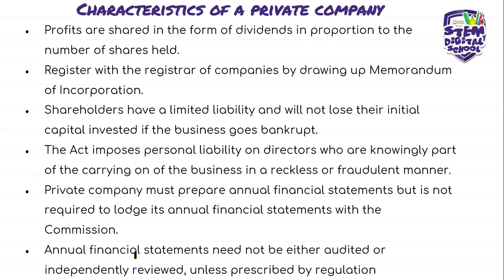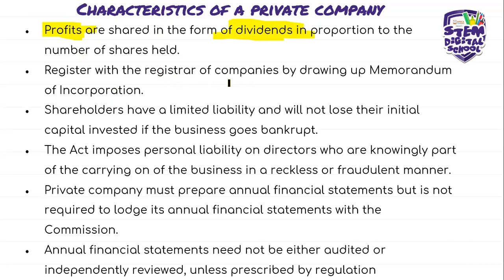All right, more of the characteristics. Profits are shared in the form of dividends. So that's why I said profits are your dividends basically. So we call profits dividends under companies.